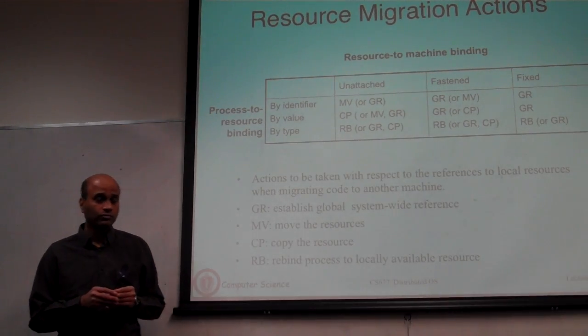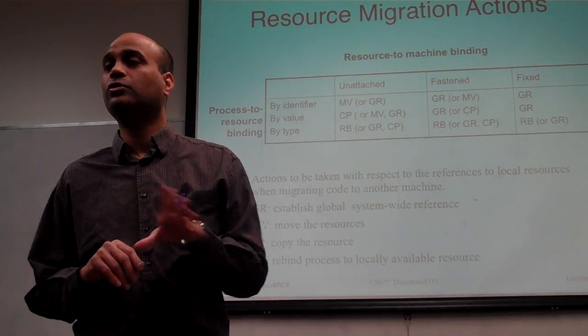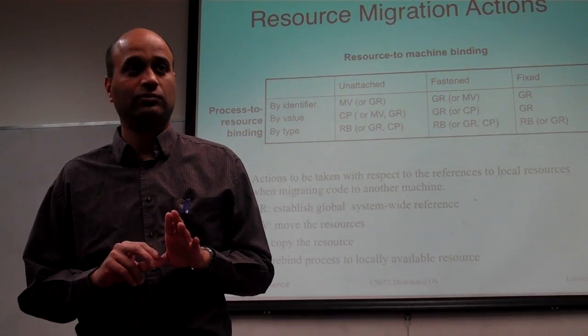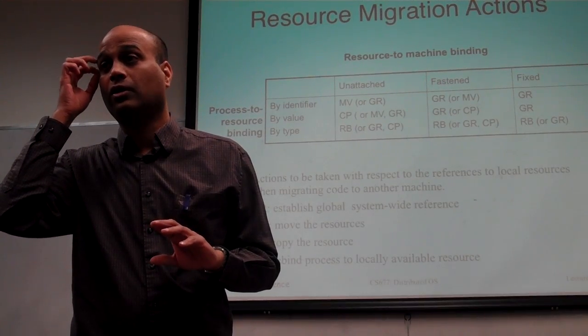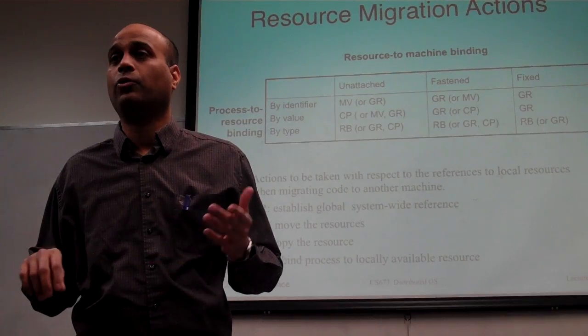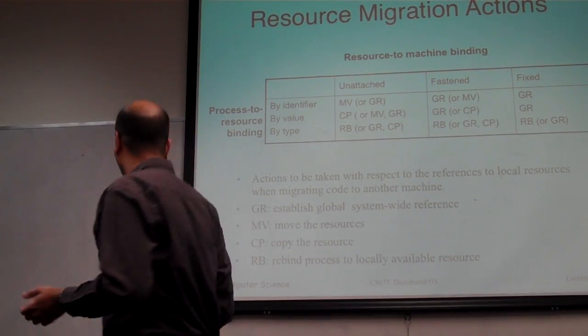Now, I didn't particularly talk about the most thorny resource, which tends to be network sockets, because you cannot move it. And even saying provides a global reference, what does that even mean?